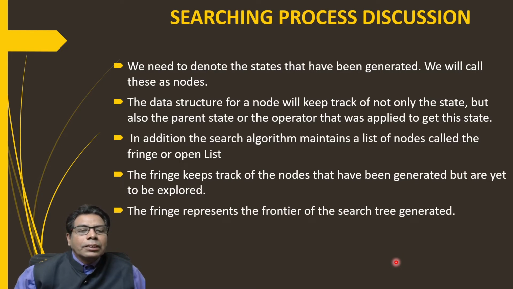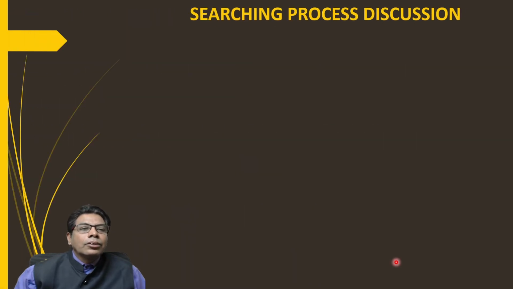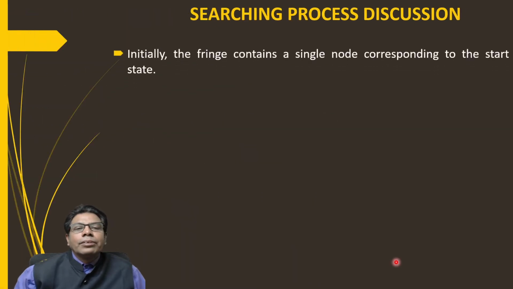Initially the fringe contains a single node corresponding to the start state. It will be clear when we take an example with a particular search algorithm. It will have a single node that corresponds to the start. As we have seen earlier, A was the initial state.